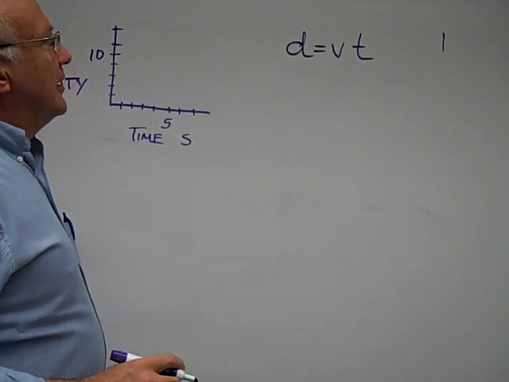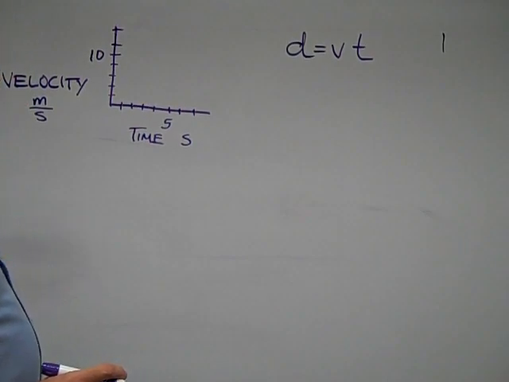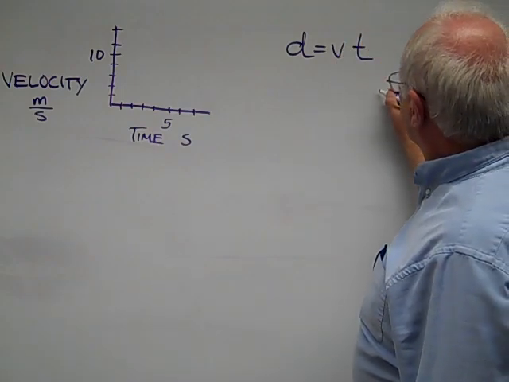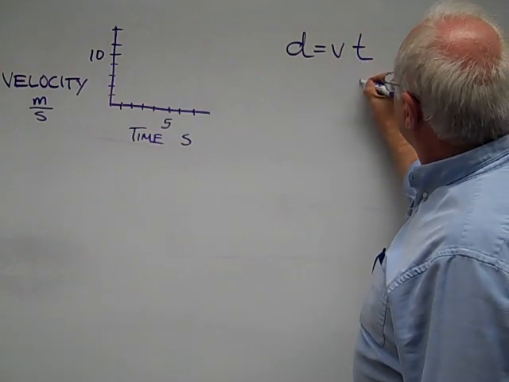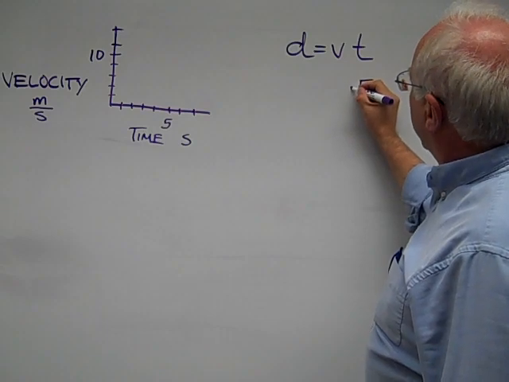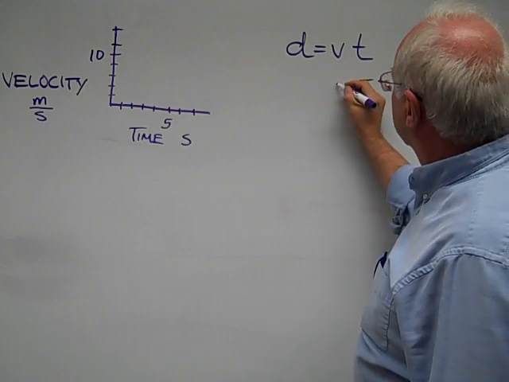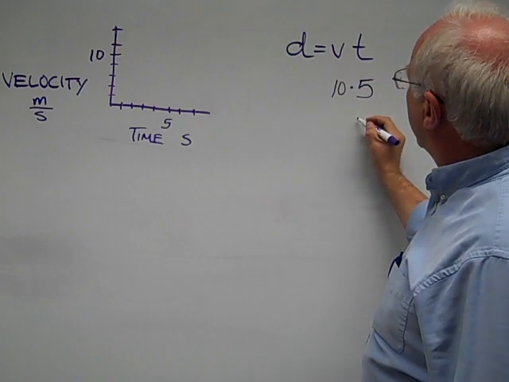Let's say I'd like to do a very simple calculation of the distance an object traveled, or of its displacement, over 5 seconds, and it was traveling at a velocity of 10 meters per second, 10 times 5.